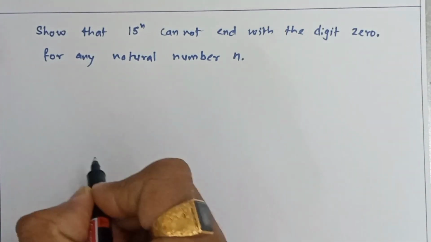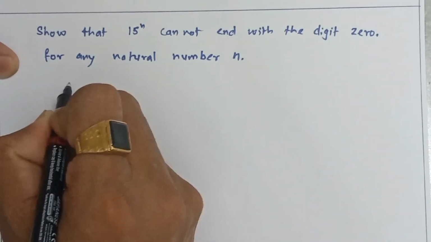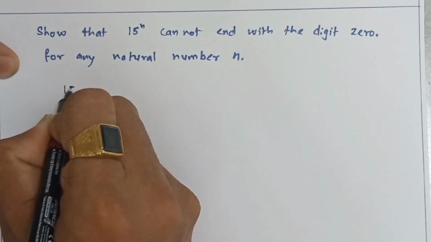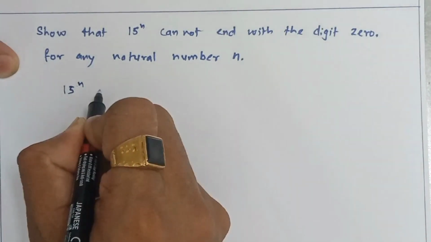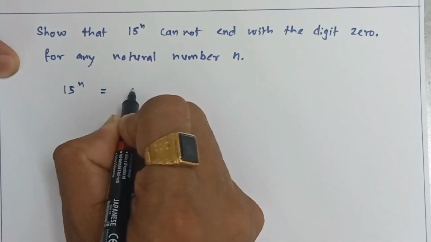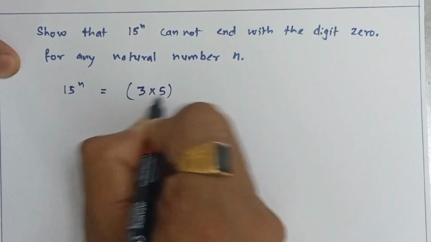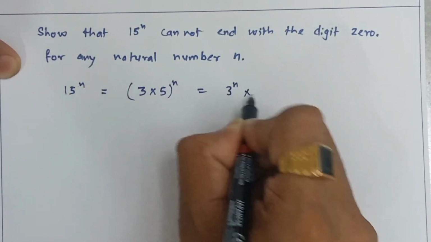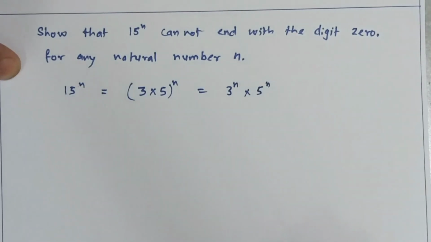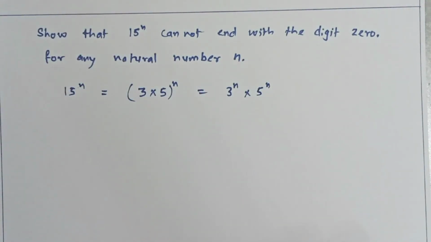For a number to end with 0, we have 15 to the power n. Now 15 to the power n can be written as (3 into 5) to the power n, which is 3 to the power n into 5 to the power n.